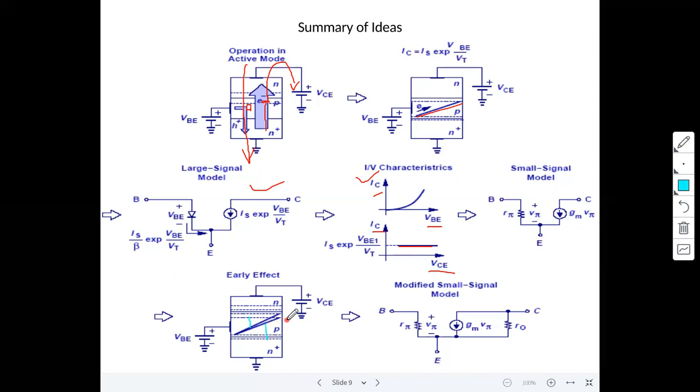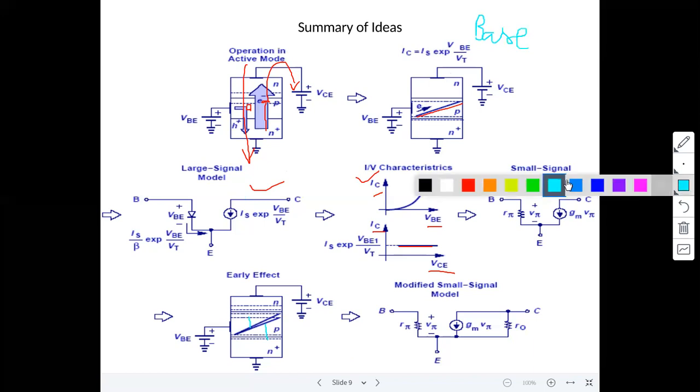With early effect, the base width changes, right? The base width changes according to the voltage VCE, or more exactly the base to collector voltage. This type of change is called modulation, that is, base width modulation. One term most popularly used instead of early effect is base width modulation.